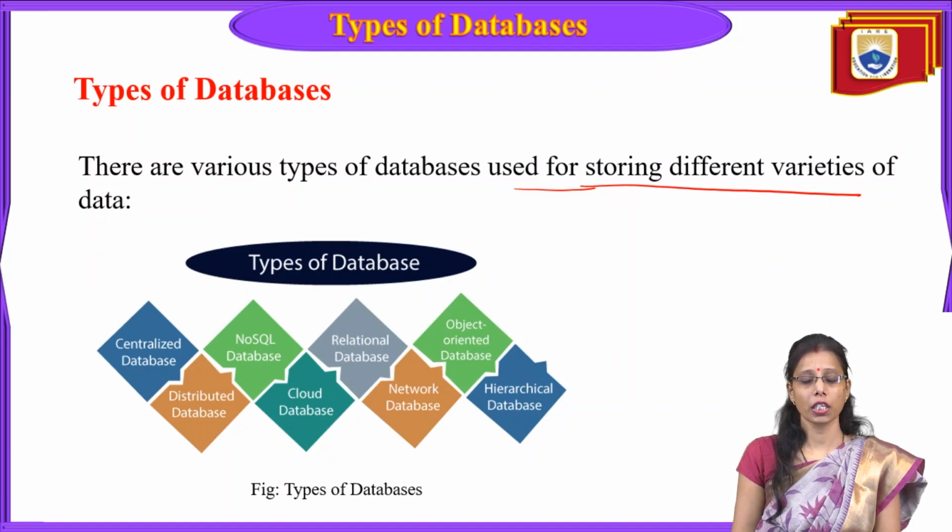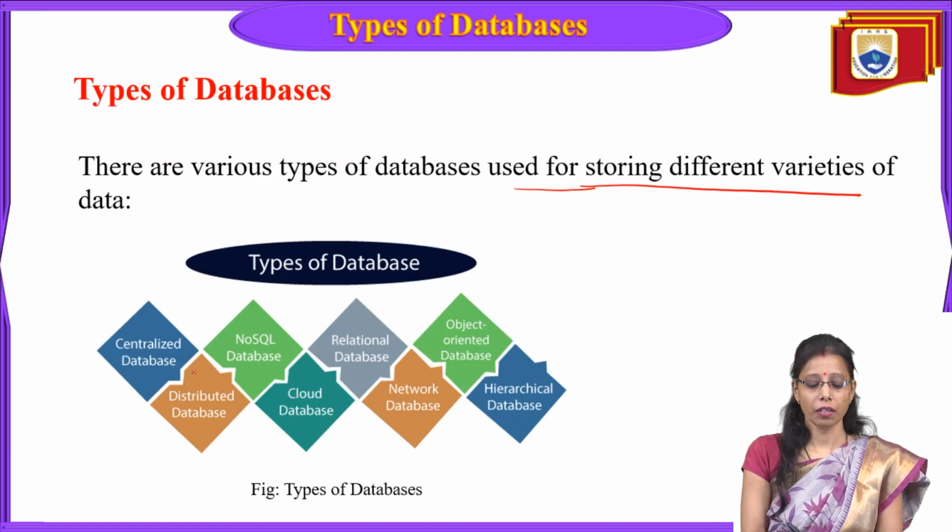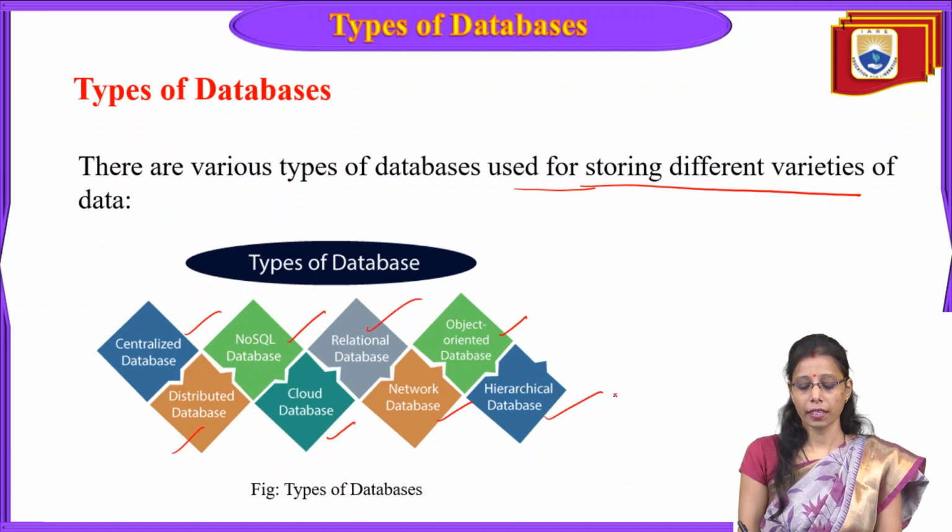Once it is stored in the GIS, only then are we able to get the result or output of that particular data. The types we have here are centralized database, distributed database, NoSQL database, cloud database, relational database, network database, object-oriented database and hierarchical database. We are going to discuss these one by one. Let us start with the centralized database.